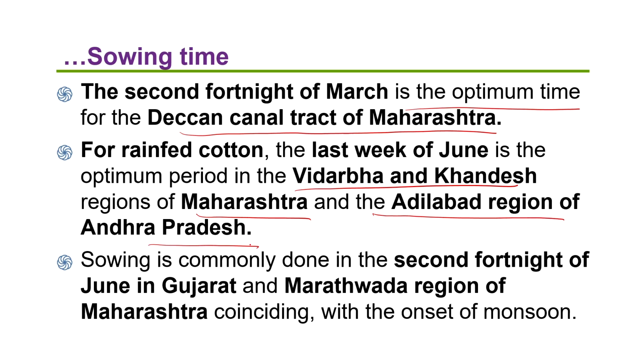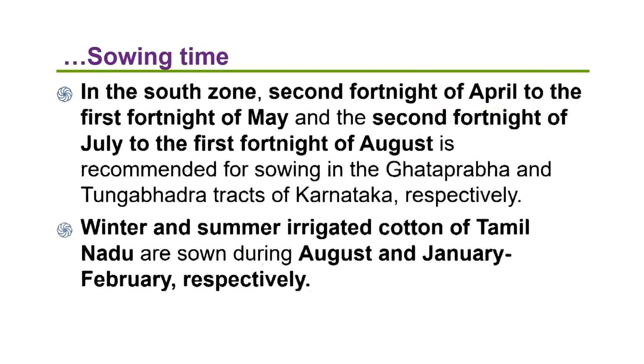So here you can go up to last week of June. Sowing is commonly done in the second fortnight of June in Gujarat. Second fortnight of June means 16 to 30th June and Marathwada region of Maharashtra coinciding with the onset of monsoon. Then there will not be shortage of water.